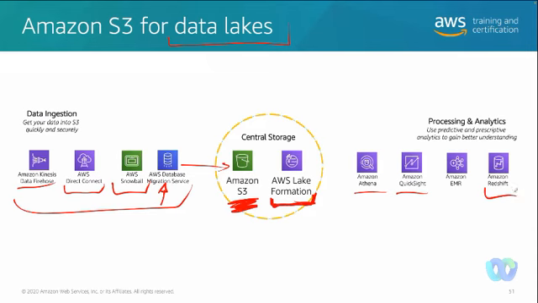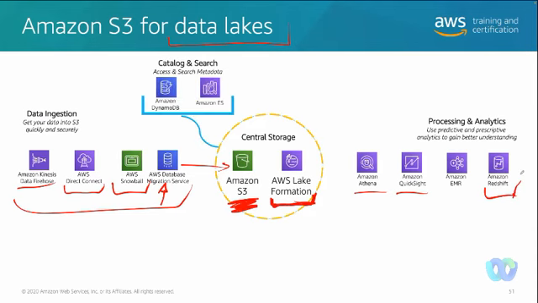And then maybe Redshift to create a data warehouse. And then once the data has been analyzed, you need a catalog and search capabilities for your users. So in that case, you could use DynamoDB, which is our non-relational database service, which could contain your catalog for that data. And then you could use Amazon Elasticsearch to allow users to run searches against that data.